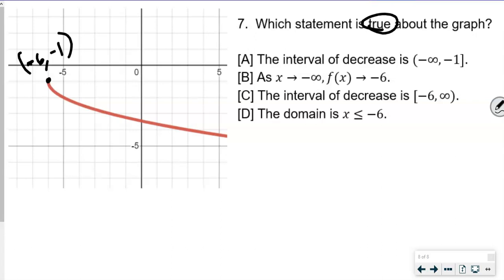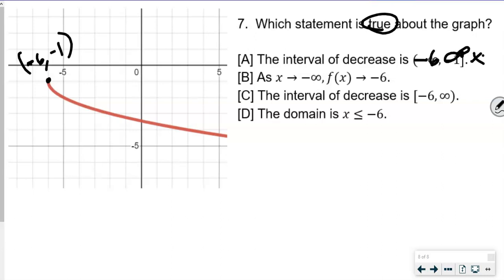That's true, but is it decreasing from negative infinity to -1? No, it's decreasing from, well, yeah, actually, let me think that through. The interval of decrease is, no, it's from -6 to where? Infinity, right? It's going from -6 to infinity. That's what this should have been.